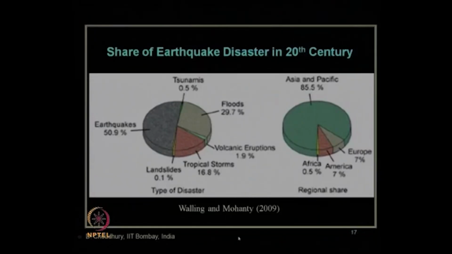Then in the previous study, we had also discussed the share of earthquake disaster in the entire 20th century, as given by Whaling and Mohanty in 2009. In this pie chart, one can easily see the need for doing research in this area of earthquake engineering, because you can see that among all the disasters in the entire 20th century, the share of earthquake disaster is the maximum.